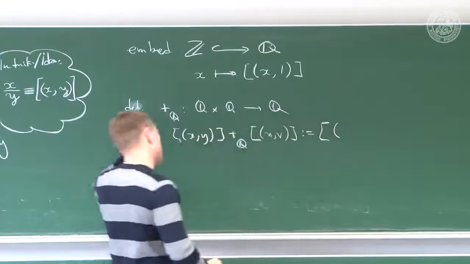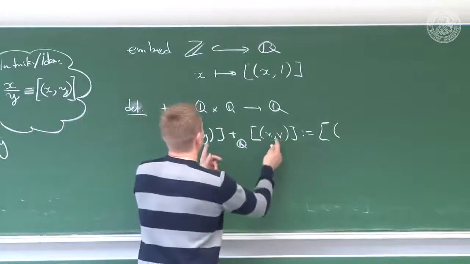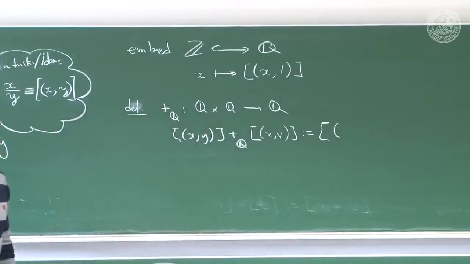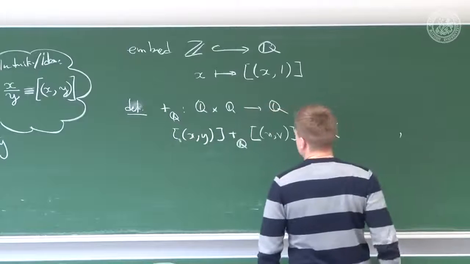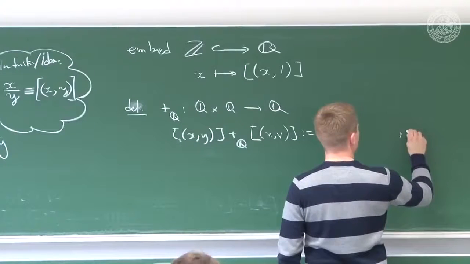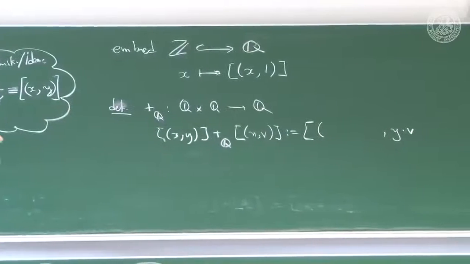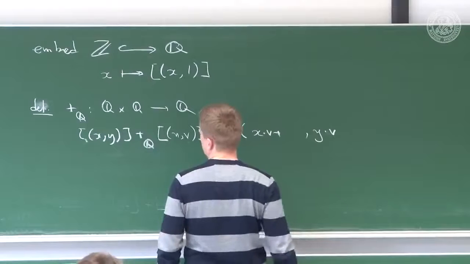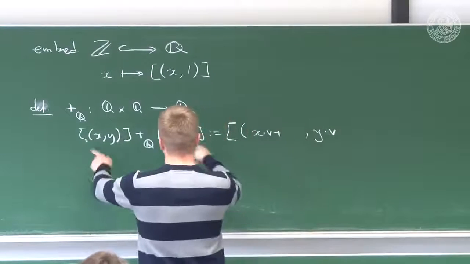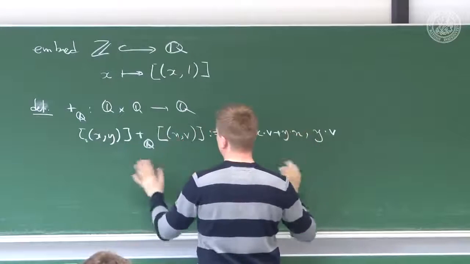No, it's not what you learn in school. Addition is difficult. So addition is difficult. You first have to get the fractions to the same denominator. And that trivially can be achieved by writing y times v. Is that correct? Yes. And then you have x times v plus y times u.